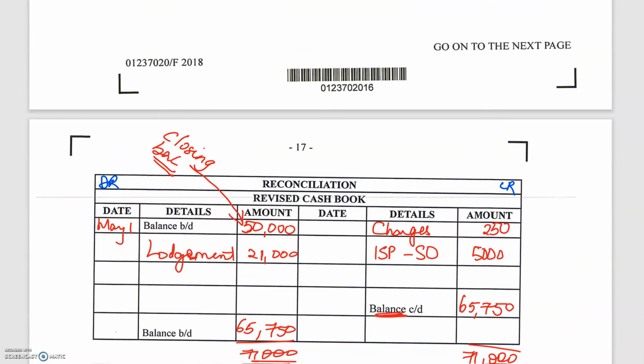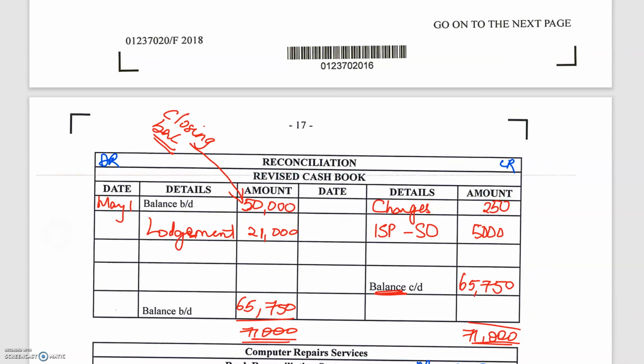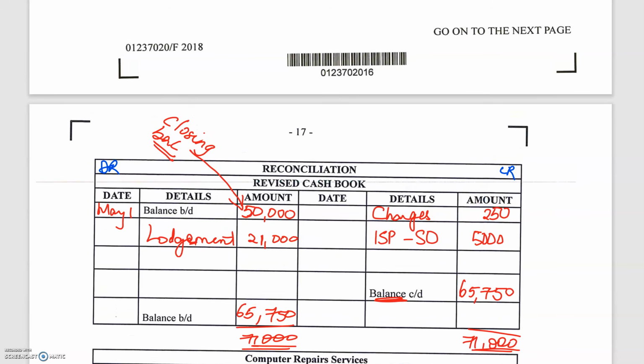So here we can see that the $21,000, which represented a lodgement, that was a credit entry in the bank statement, is now debited in the cash book. Bank charges of $250 and the standing order of $5,000 are entered as credit entries into the cash book, or payments into the revised cash book. When we revise the cash book, we get the balance carried down by subtracting the total credits from the total debits.